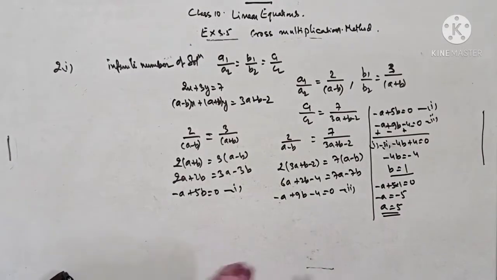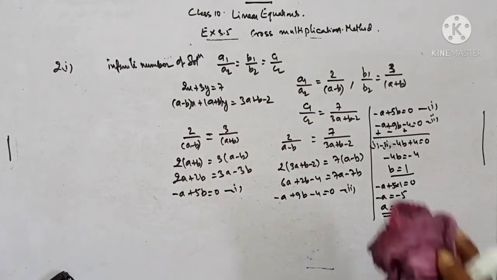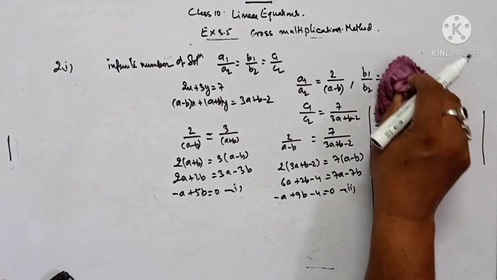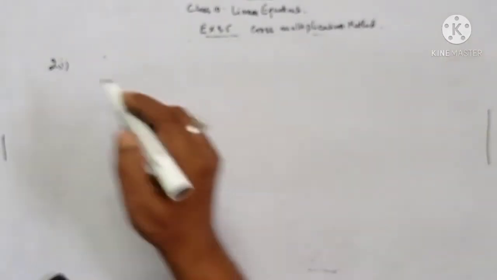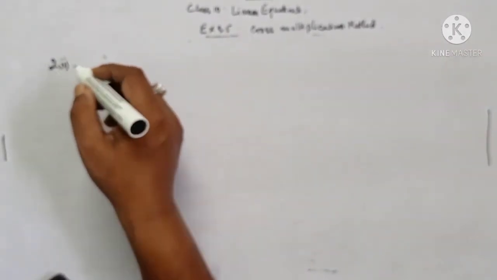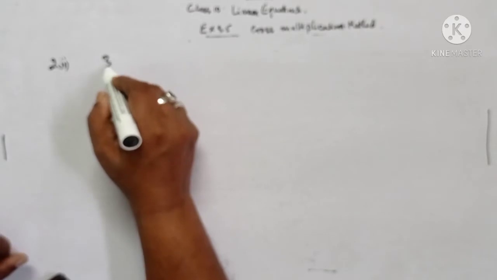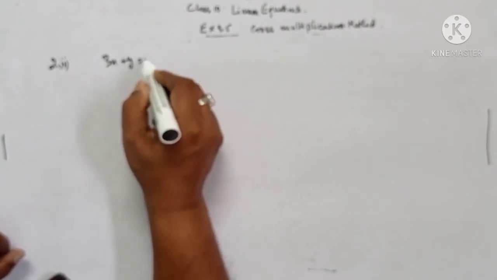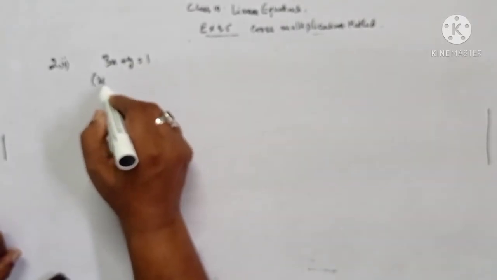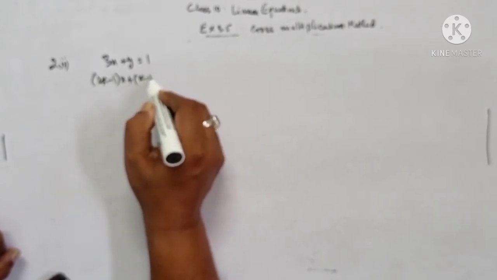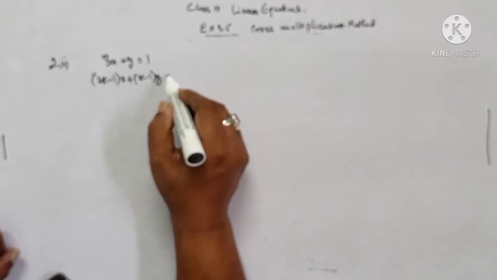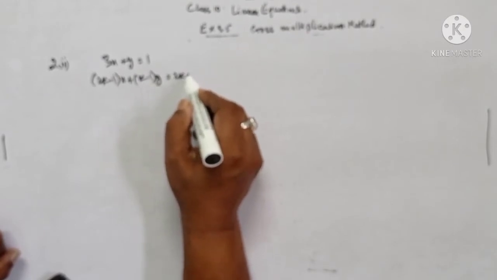Now again I am going to question number 2, second. That is 3x plus y equal to 1 and (2k minus 1)x plus (k minus 1)y is equal to 2k plus 1.